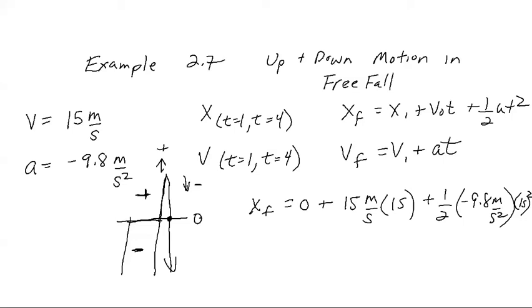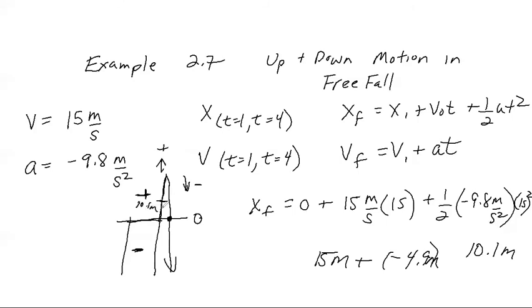We've got 15 meters plus negative 4.9 meters. 15 minus 4.9 is going to give me 10.1 meters. That's positive, so it's going to be 10.1 meters here.